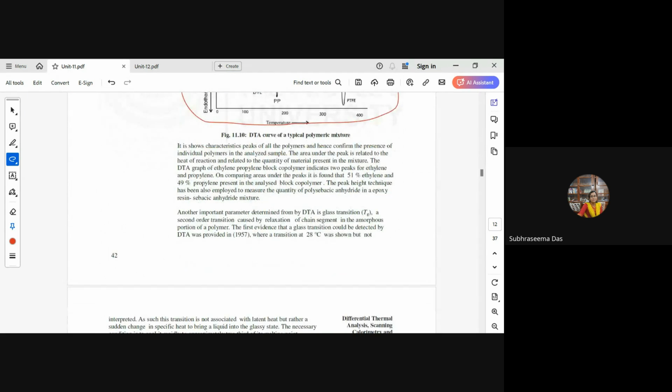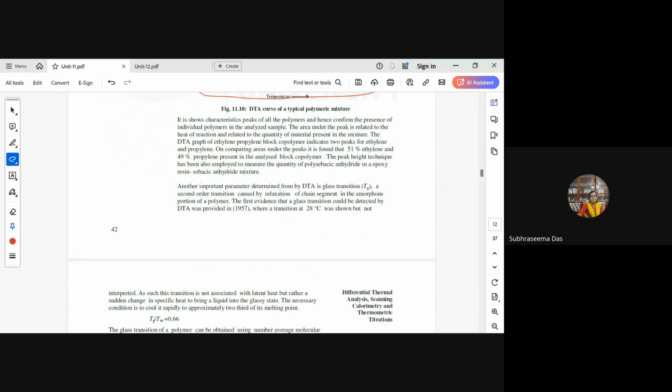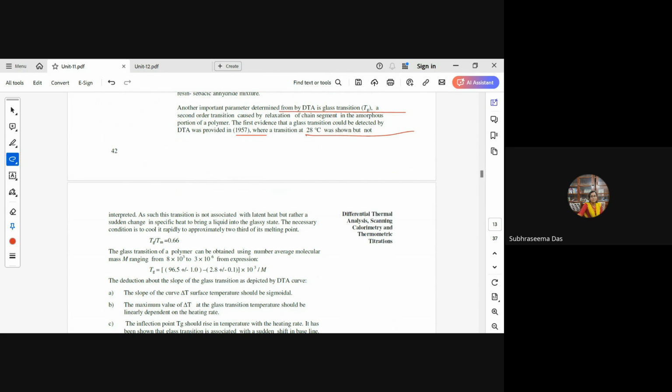Another important parameter determined from DTA is Tg, called the glass transition temperature. The first glass transition detection was done in 1957, where a transition at 28 degrees was shown but not interpreted. The relation between Tg, the glass transition temperature, and Tm, the melting temperature, has been found to be Tg by Tm equal to 0.66.